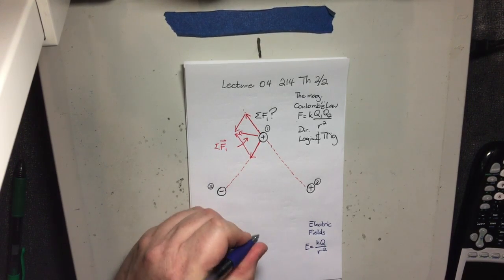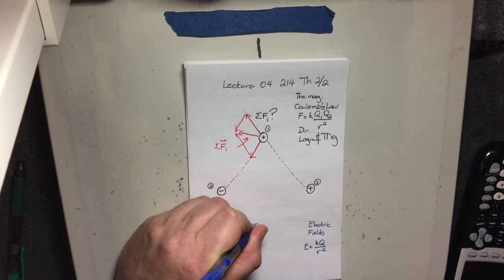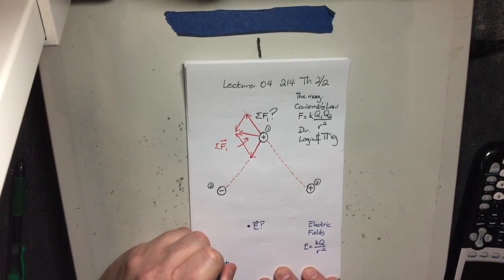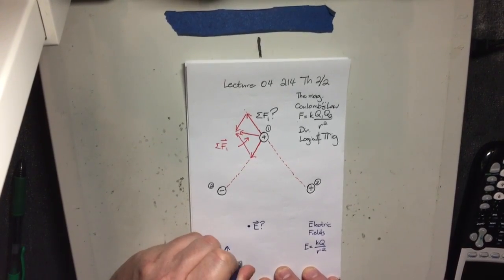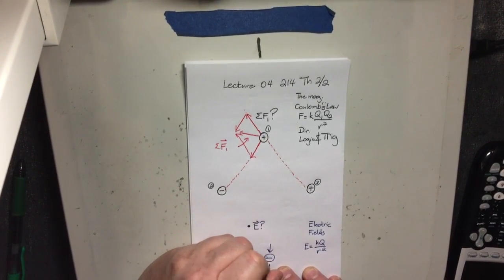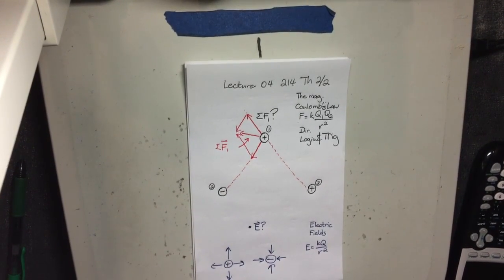But for electric fields, you frequently ask, well, what's the electric field vector at that point? And what you do is you think about the charges and what those charges do with regards to their electric fields. Positive charges radiate their electric field lines outward. Negative charges, their electric fields radiate inward.